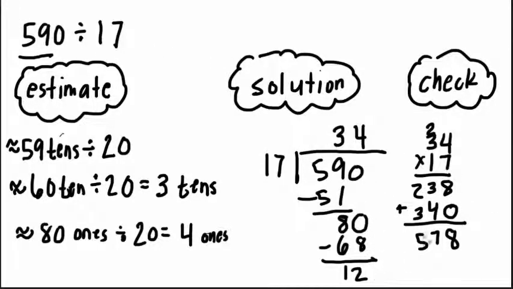Remember, what did we forget? Don't forget to add your remainder, and we should get 590. So it would be 578 plus 12 equals 590. And so we've checked our answer.